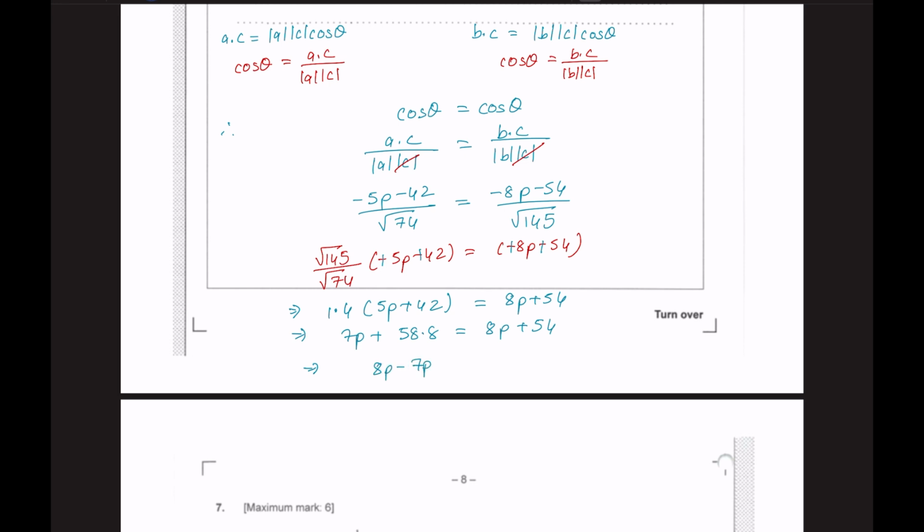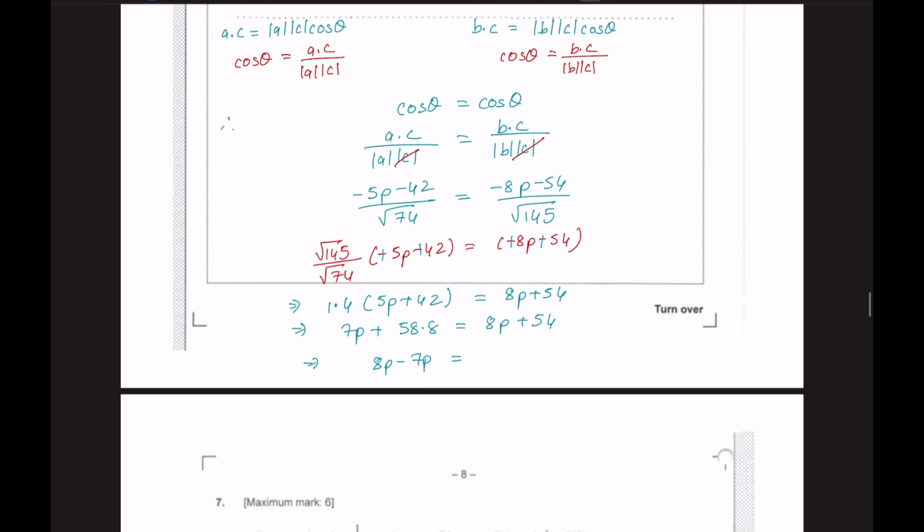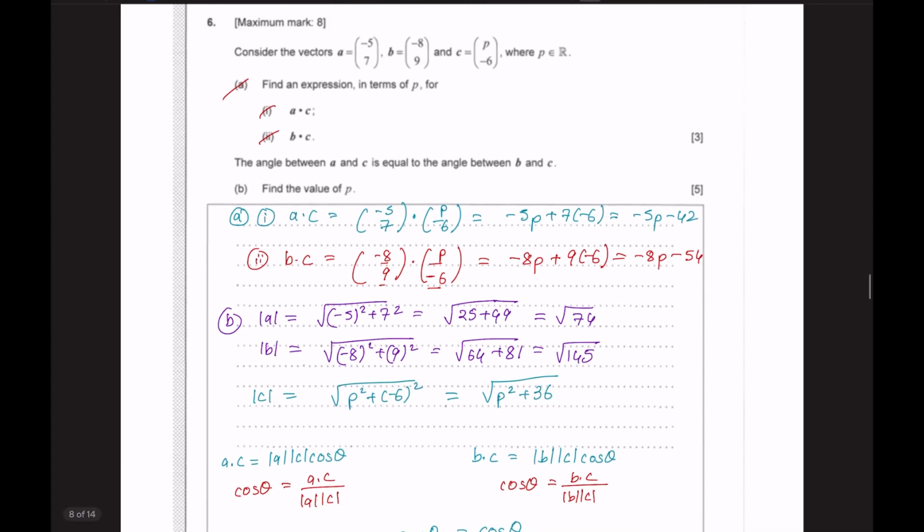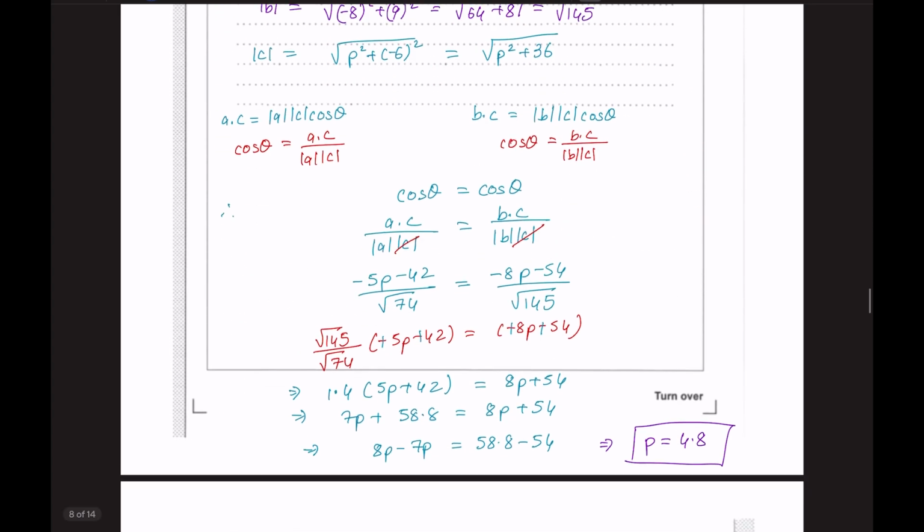So if I shift 7P to the other side and 54 to the left side and then flip the equation, I'll get this. So from here, I can say P would be 4.8. And that's it. We just have to find the value of p, which we have successfully found here.